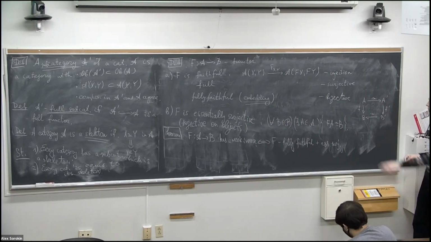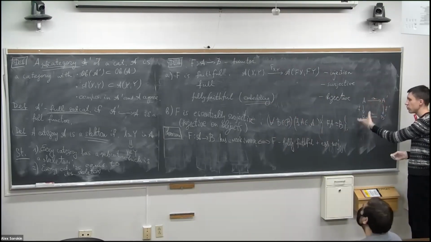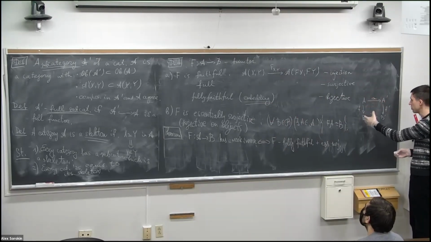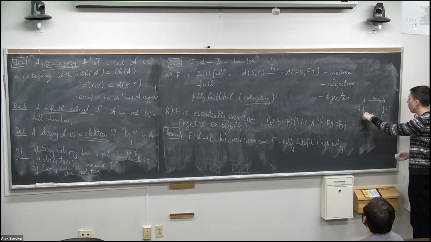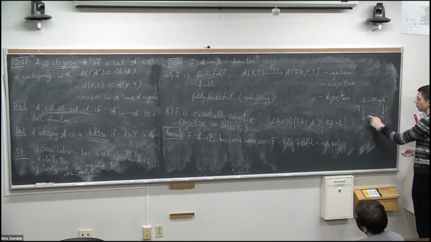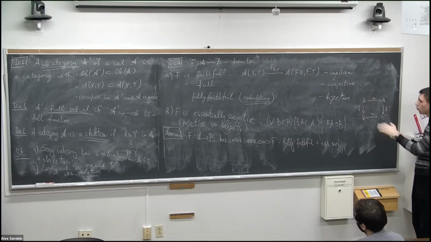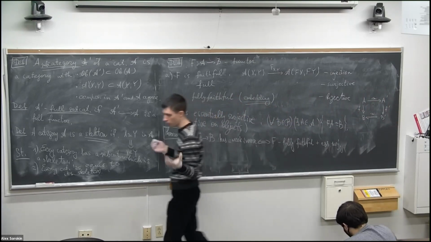When you go from the whole category to its skeleton, every object you pass to the representative of its class of isomorphism, and every F goes to this F prime, by composing with these invertible morphisms. That's how you go from one to another.